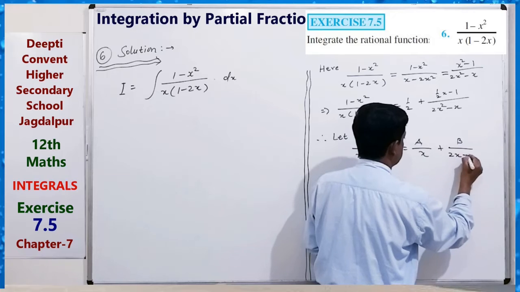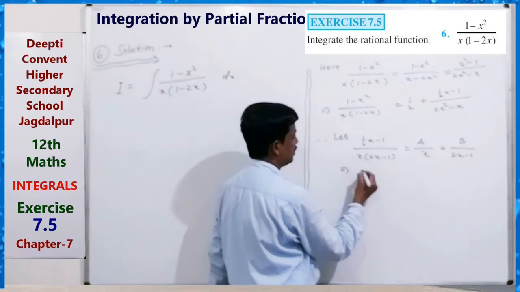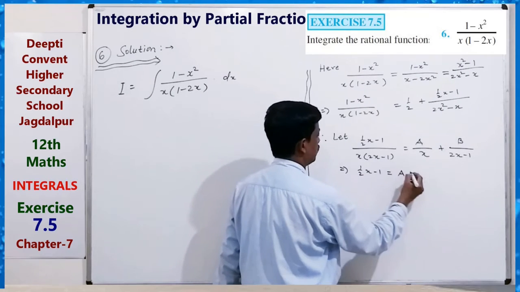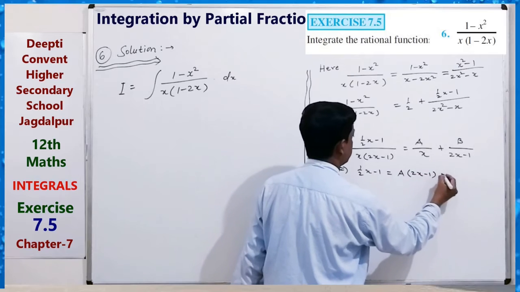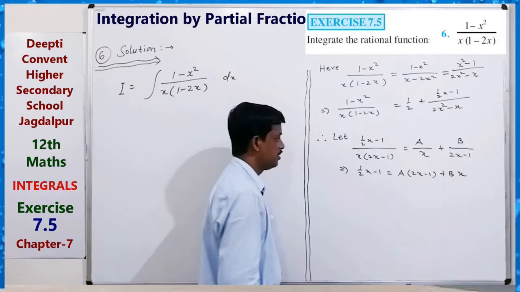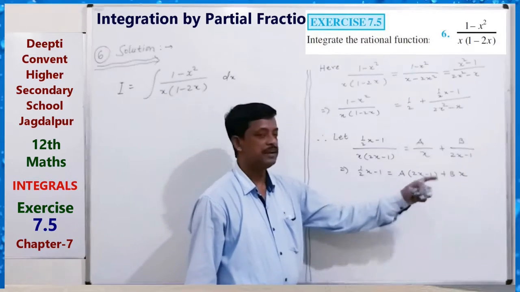So from here we get half x minus 1 equals A into (2x minus 1) plus B into x. Clear? From here we can get the values of A and B.